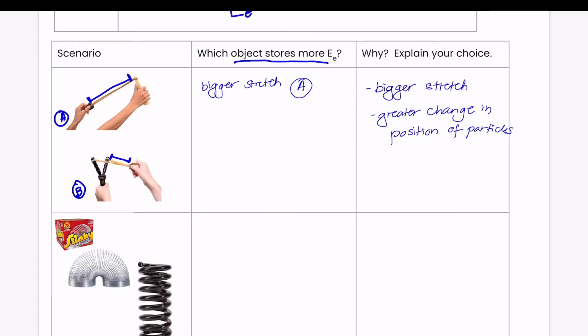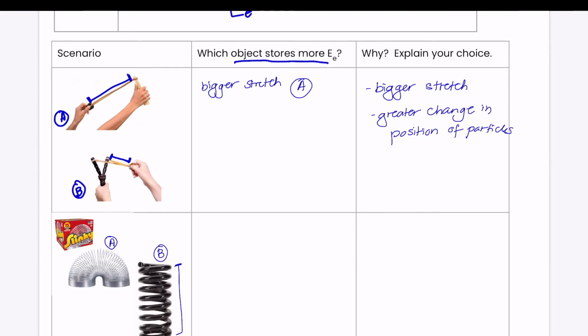Now, in our slinky, which one has more elastic potential energy? And so we have a slinky that's just kind of open and relaxed. And then we have a spring here that has been compressed, right?